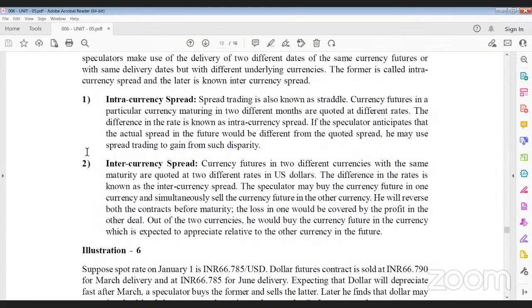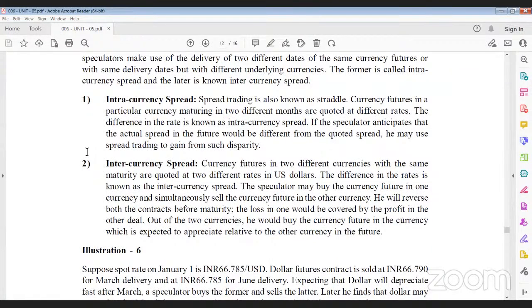Now, what is spread currency trading? It's a straddle. Spread trading is also called a straddle. If the speculator, in anticipation, expects the actual spread in the future, that is the profit in the future, to be different from the quoted profits or spreads, they may use spread trading to gain from such differences.